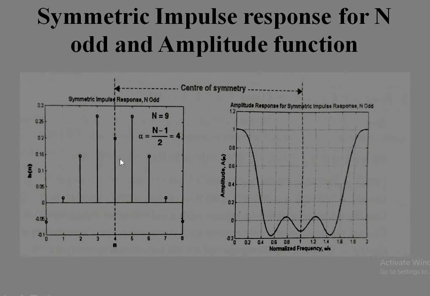This is what I was talking about, a symmetric impulse response. Actually it has its center of symmetry at alpha is equal to n minus 1 by 2. In this case, since we have taken n is equal to 9, alpha is 4 here, and it is symmetric with respect to this n is equal to 4, small n is equal to 4.